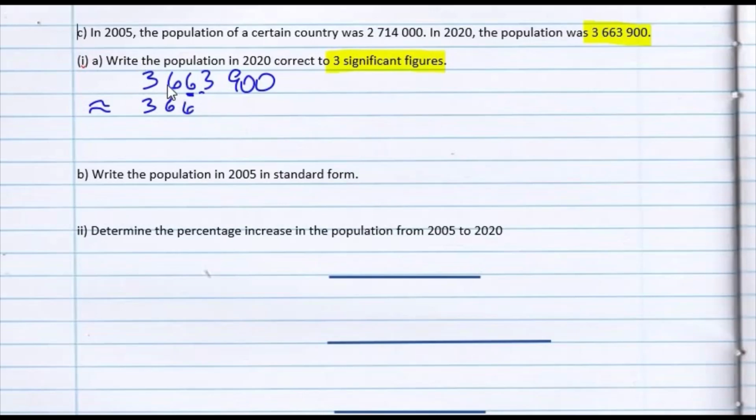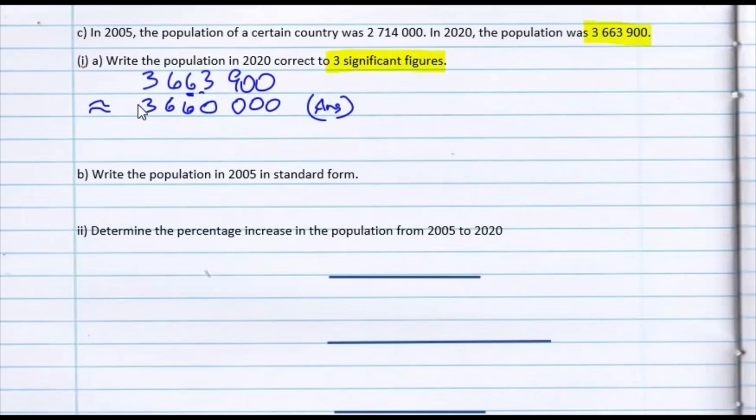We add the amount of zeros necessary so that this 3 could be 3 million. In effect, the 2 other digits will also maintain their place values. For example, this 6 is 600,000, this is still 600,000, etc. So this is our answer. This number is a good representation of the original.